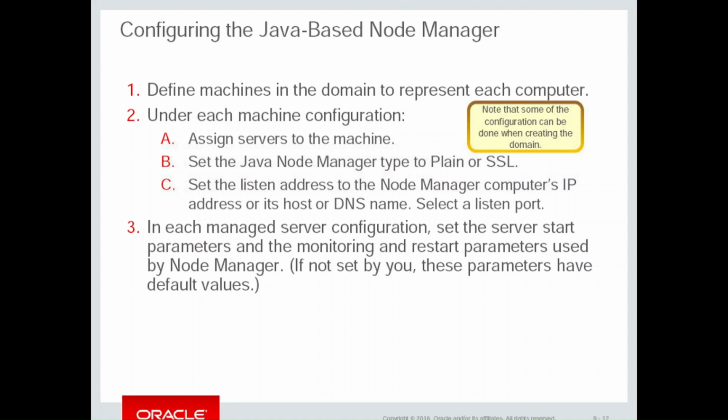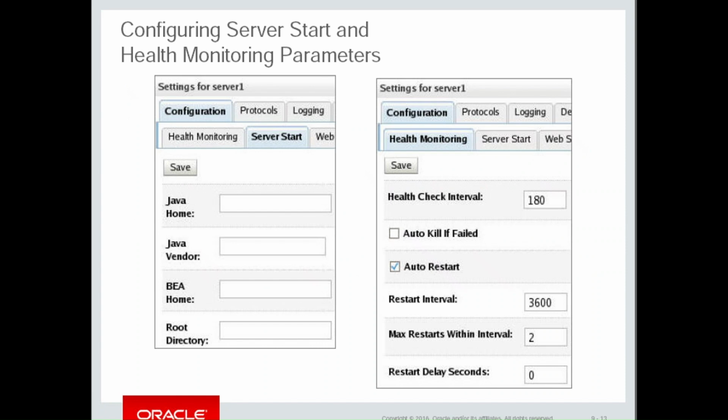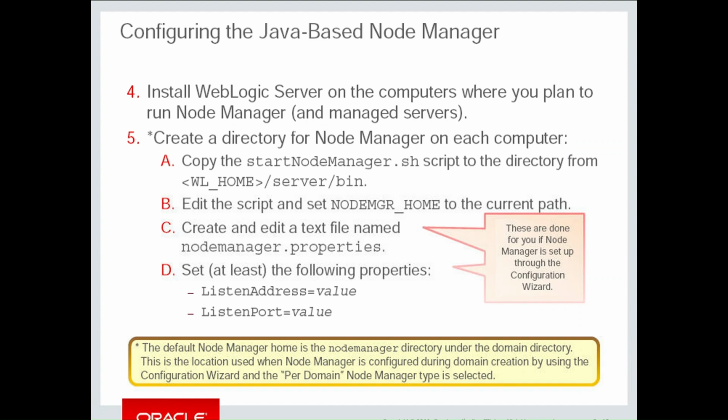Okay, and also for each managed server we have an option to set the start parameter, monitoring or restart parameter, which is used by the node manager. In the console we can set all these parameters. If you are not setting them, it will take default values as well. Okay.